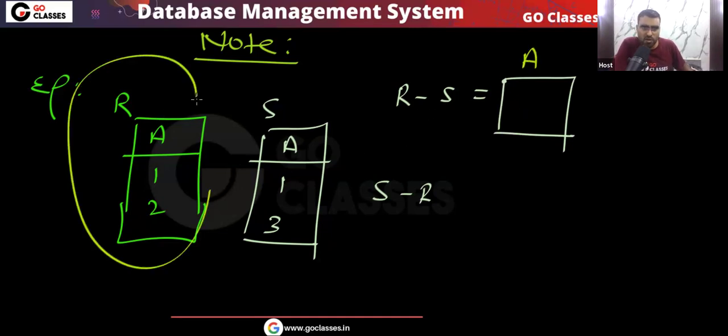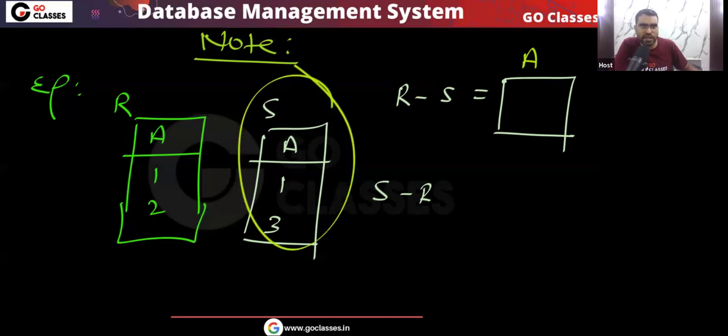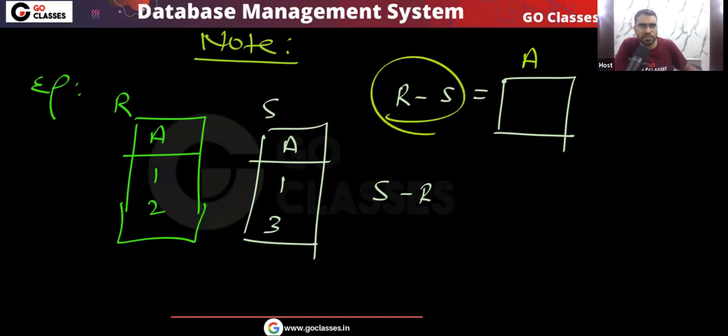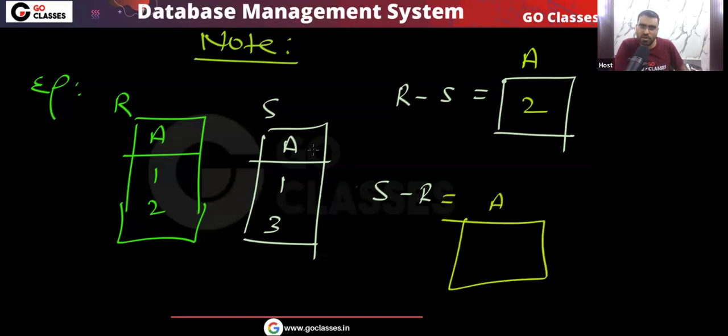R minus S means those tuples which are in R but not in S. S minus R means those tuples which are in S but not in R. Did you notice they are different? Even the data is different.